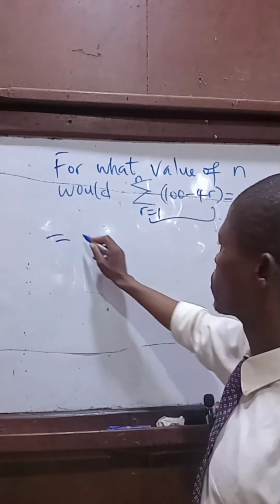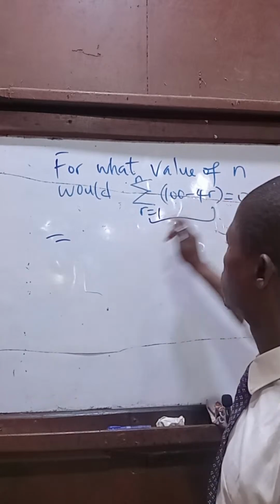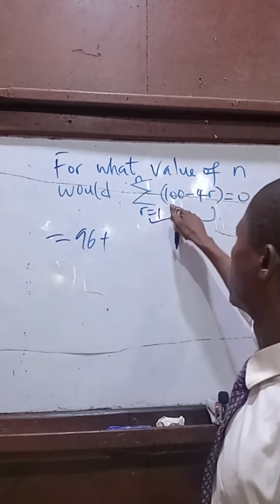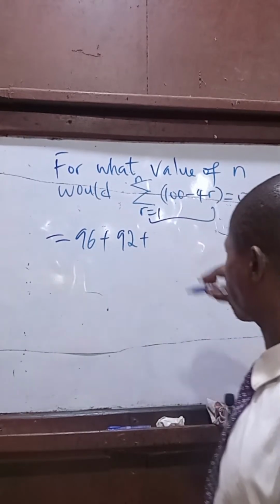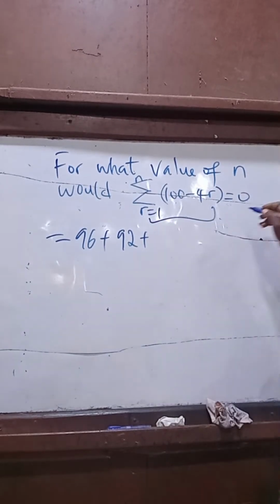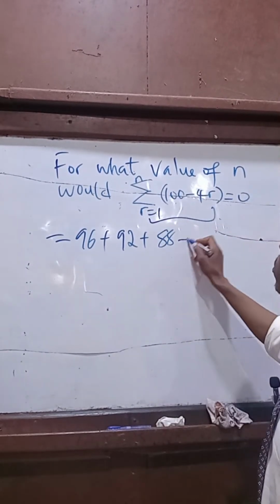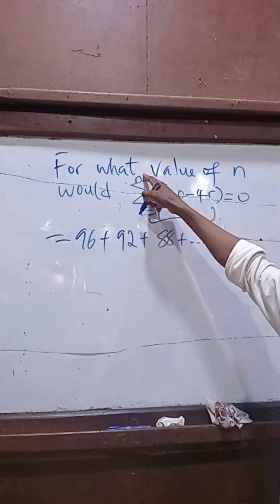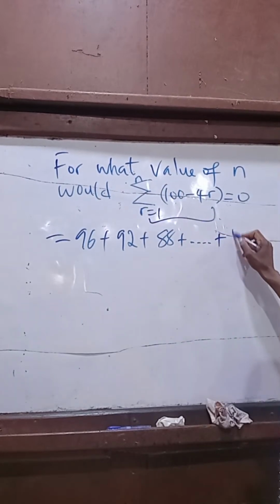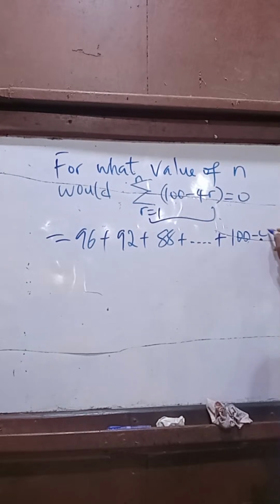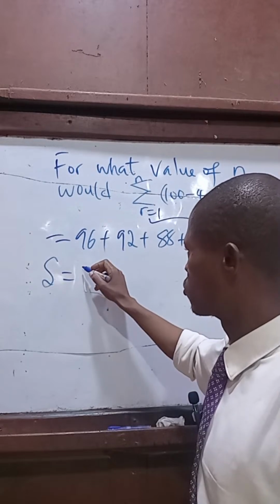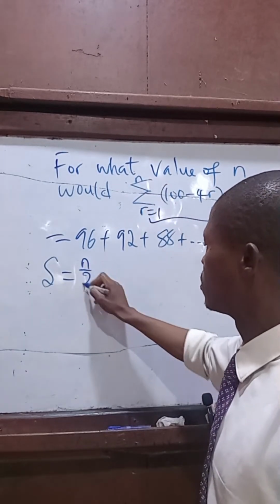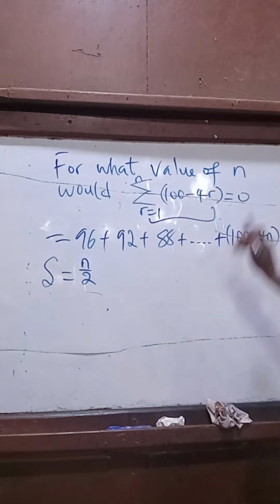This will be equal to 100 minus 4 times 1, that's 96, plus 100 minus 4 times 2, that's 92, plus 100 minus 4 times 3, that's 88, and then it goes on like that to the nth term, that's 100 minus 4n. So the sum will be equal to what? We don't know n, but we've been told the sum is equal to 0.